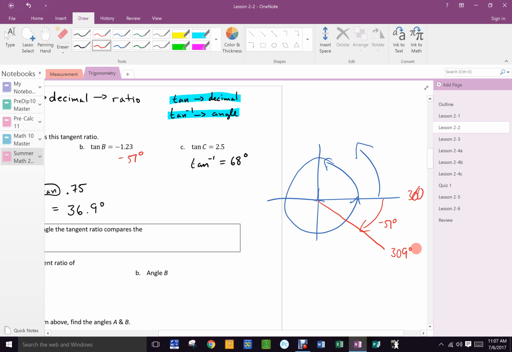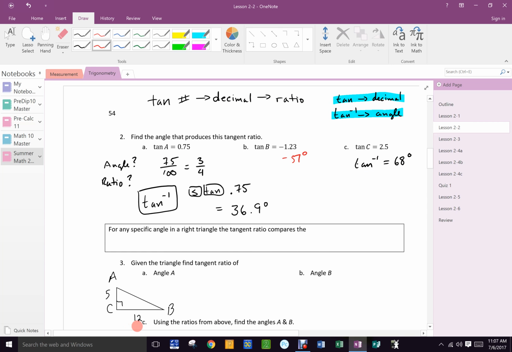Now, if you do tan 309 with your calculator, guess what you're going to get? Yep, just regular tan of 309. Negative 1.23. Everybody with me? I'm never going to test you on that in grade 10. I'm just letting you see that trig goes beyond 90 degrees.